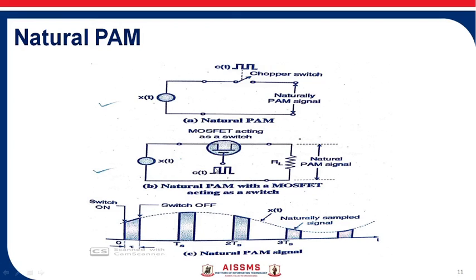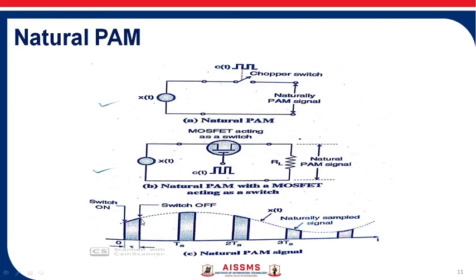When the pulse amplitude is high, this switch gets turned on, and when the pulse amplitude is lowest or 0, the switch gets turned off. So when you apply this continuous signal xt to this circuit, and the switch gets turned on, the output of this circuit is this signal. You can see in this waveform when the switch gets turned on and when it gets turned off.